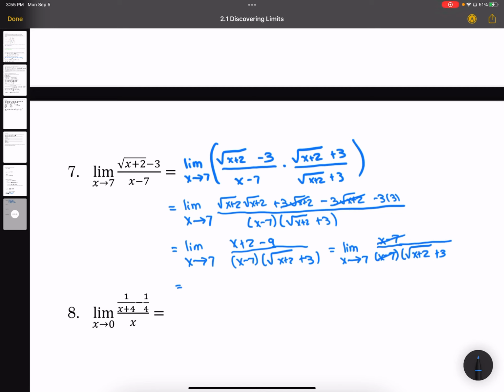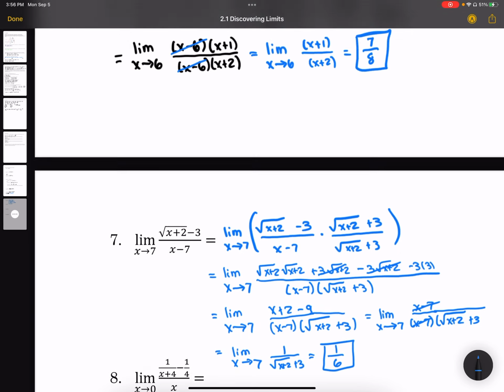So we're left with just the limit as x approaches 7 of 1 divided by the square root of x plus 2 plus 3, which is going to give us 1 over 6. Because the square root of 7 plus 2 is the square root of 9, which is 3. Then 3 plus 3 is 6. So we get 1 divided by 6 as our limit.